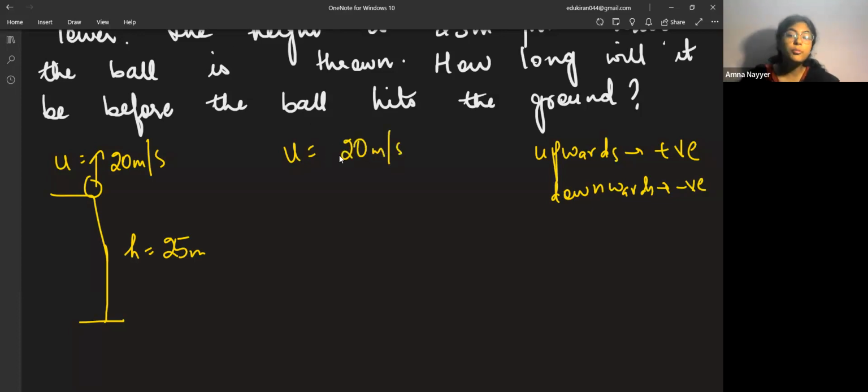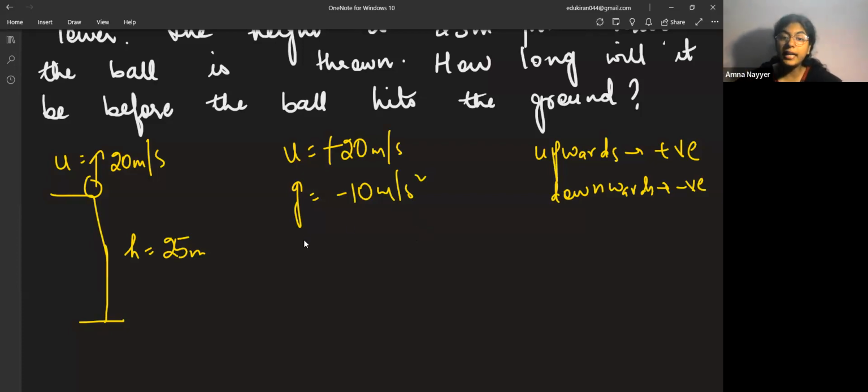But what would be the sign? Since it is upwards and we have chosen upwards, it would be positive. Acceleration due to gravity will always act downwards no matter what. In this question, let me take it as 10 meter per second squared, which is coming downwards.